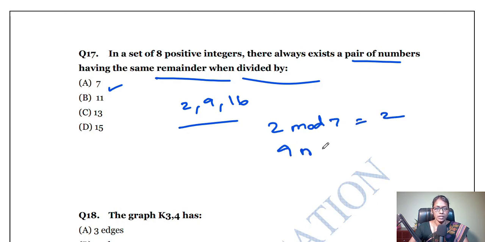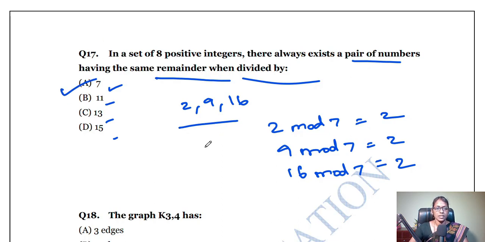Similarly 9 mod 7 is equal to 2, and 16 mod 7 is equal to 2. So there always exists a pair of numbers having the same remainder. This does not happen in all cases when you divide by 11, 13 and 15. So option A is the correct answer.